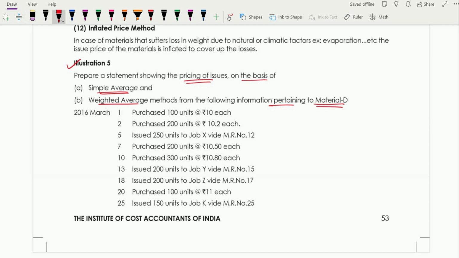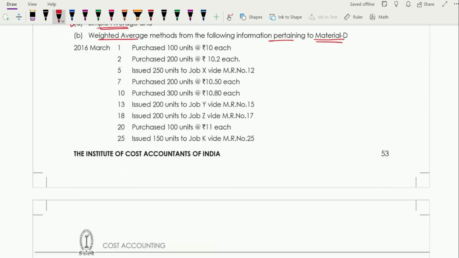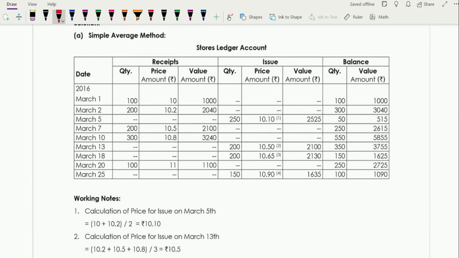No, sir. So we are first going to start with the simple average method, and this is the best format for which you have to prepare it. One thing that you can add is, when you're talking about the balance, here you can add one column, that is price or rate. It is always better to create one column, although the CMA Institute in most of the questions is not considering this price or rate column, but I will suggest you can prepare it.